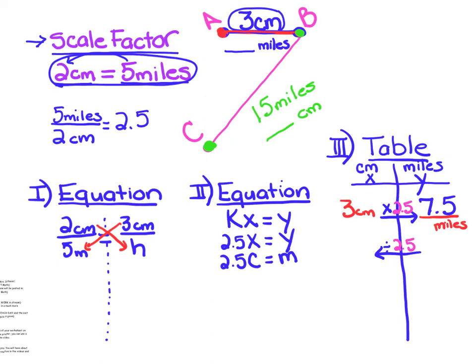Well, put 15 in the miles column and divide moving right to left. 15 divided by 2.5. Take a moment, punch that into your calculator, and convert it to the paper measurement in centimeters. You should have gotten a measurement of 6 centimeters in length.